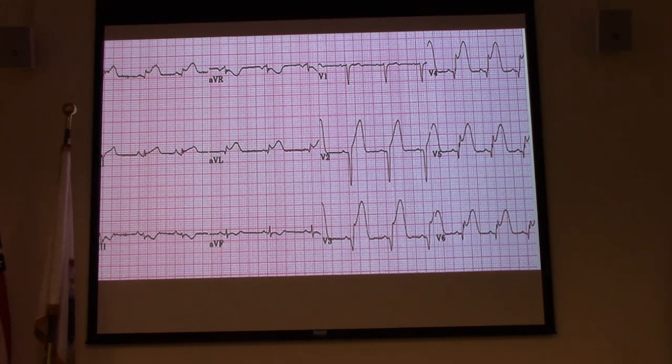That's why we've got to tell you guys, who do we run 12 leads on? All of our anginal equivalents. Anybody over the age of 40 who complains of not feeling good, lightheadedness, dizziness, weakness, something's just not right, gets a 12 lead. Diabetics who complain of, I don't feel very good, whether they're 20 years old or 100 years old.